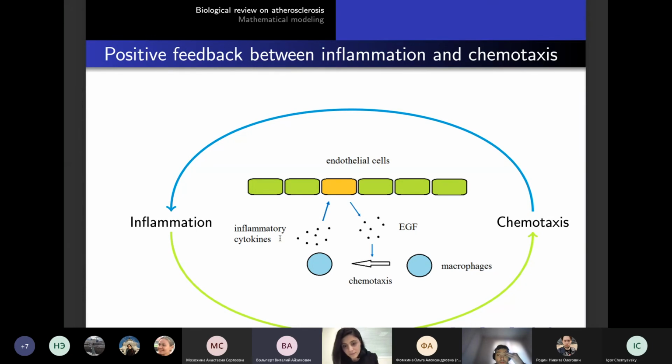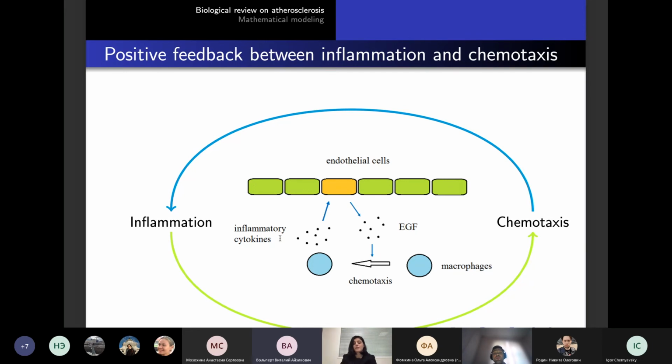This is because of this inflammation. But then because of EGF, they begin to accumulate in spatial structures. So yes, there are feedbacks in all this process, but there are two different molecules which determine the influx of macrophages or monocytes and the chemotaxis.